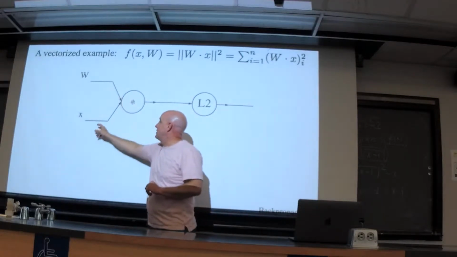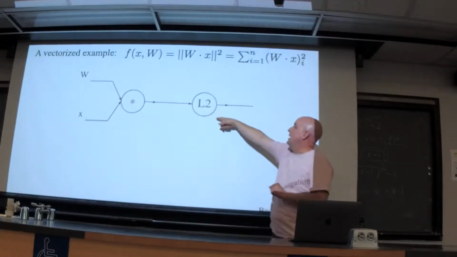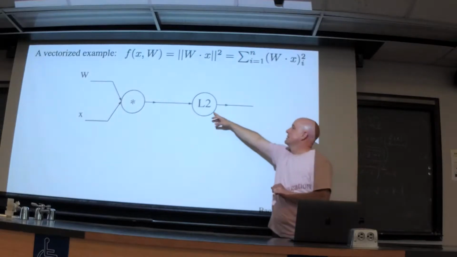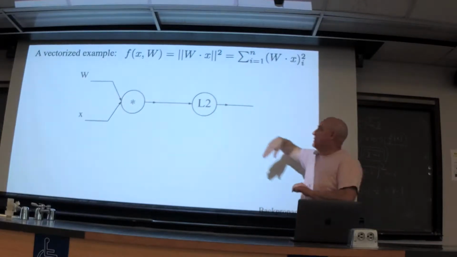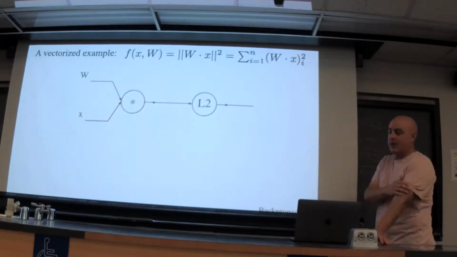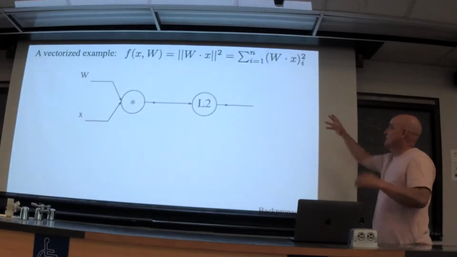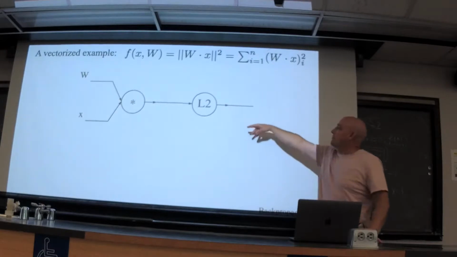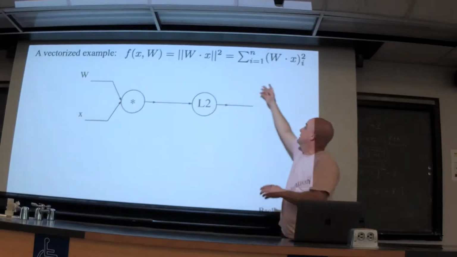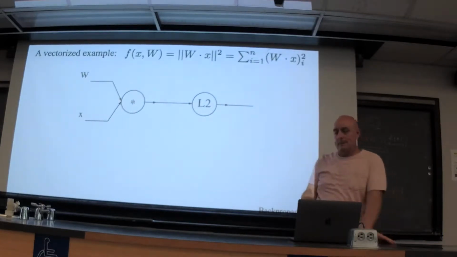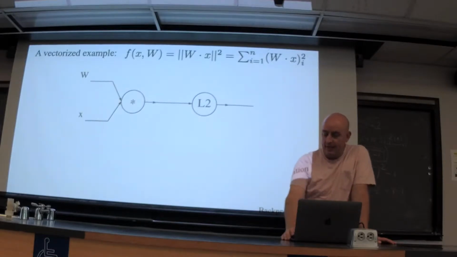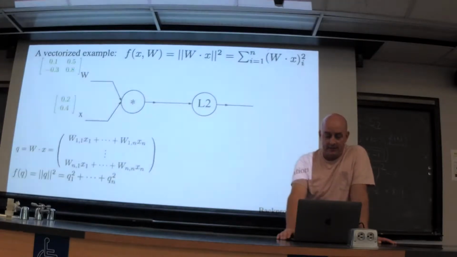We do a matrix vector multiplication, and then we apply this L2 operation. So this has to do with some mathematical definitions of what these spaces are like, but the idea is that we're just doing this thing right here. After we get the product and this becomes a vector, we're going to do this operation here. So can you do the same kinds of things, but now keep track of all of the values along the way? And the answer is yes.